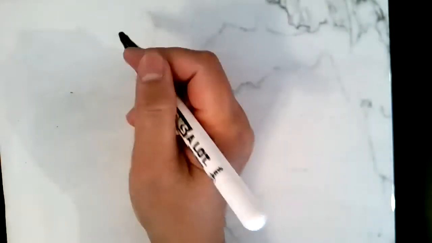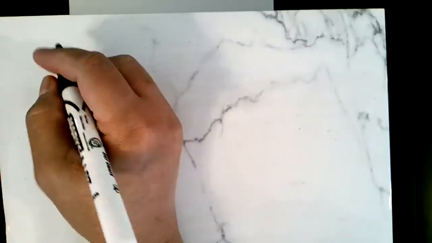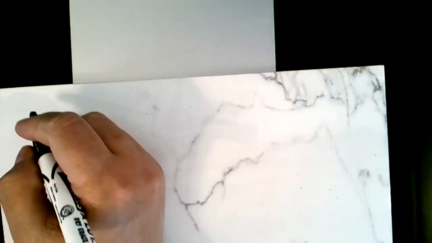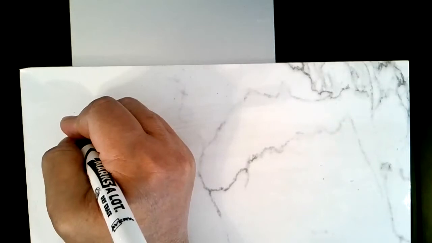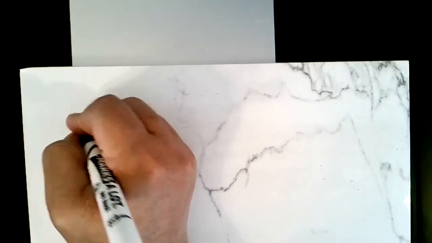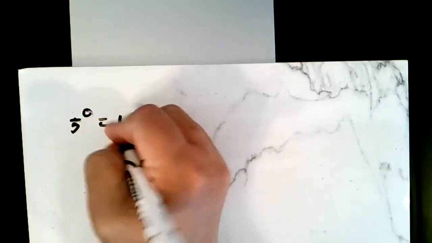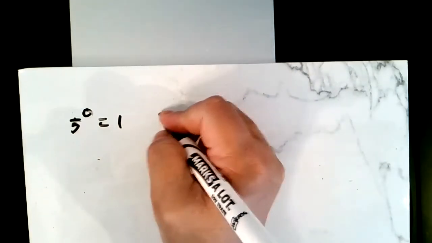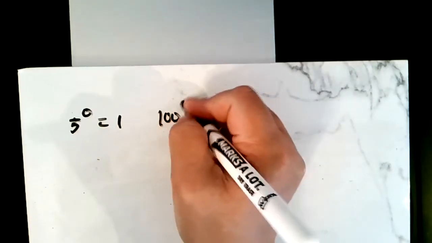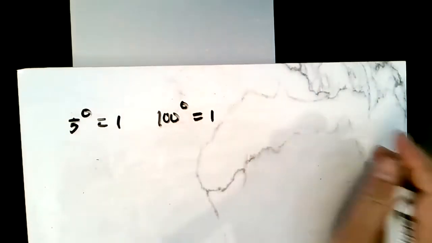Let me show you my USB camera instead. When I say anything, let's have a few examples here. With anything I could mean, let's say, 5 to the 0, which is equal to 1. I could say 100 raised to the power of 0 is still equal to 1.